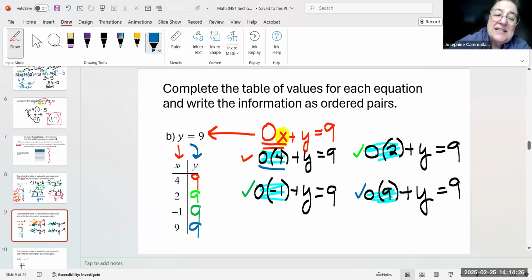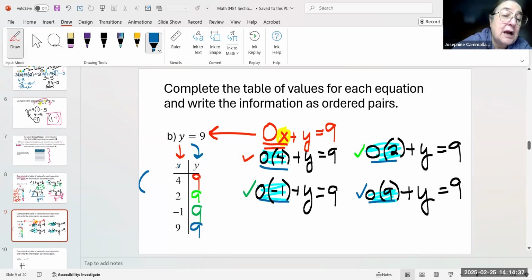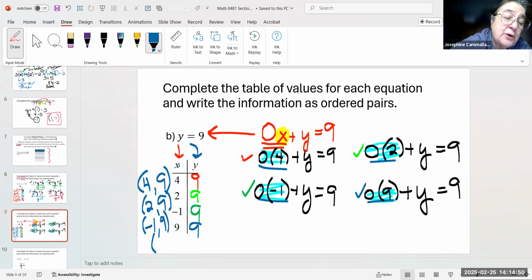And the reason is that 0 times every x is 0. Now, my ordered pairs are still going to be 4, 9, 2, 9, negative 1, 9, and this last one will be 9, 9.